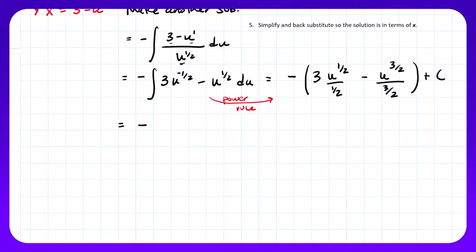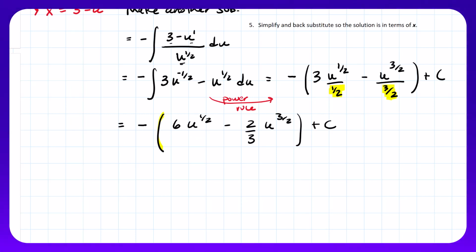When we divide by, remember, you'll see me sometimes even skip this step of where I show that division by those fractions. When we divide by a fraction, it's the same as multiplying by the reciprocal. So this is negative 3 times 2, so this becomes 6u to the 1/2 minus 2/3 u to the 3/2 plus c.